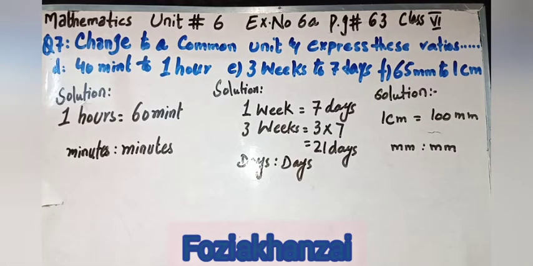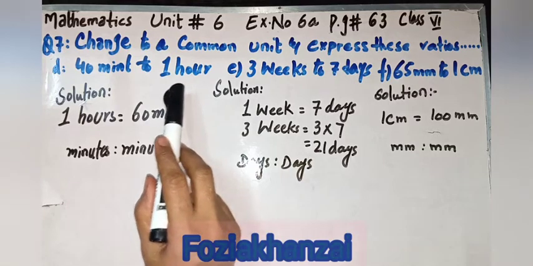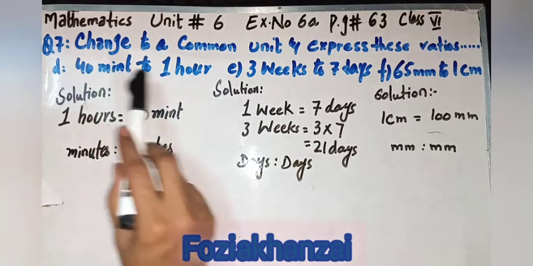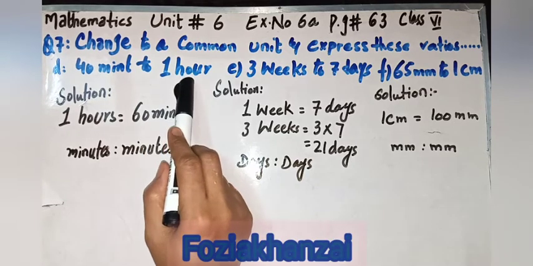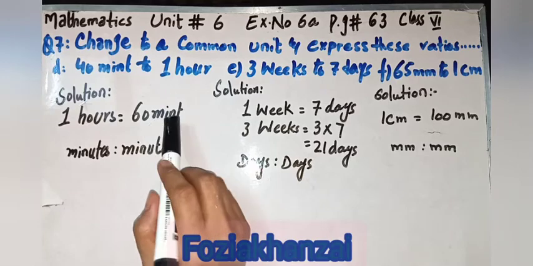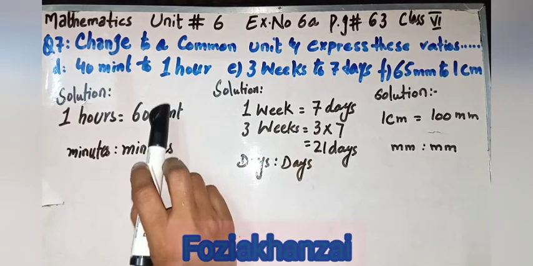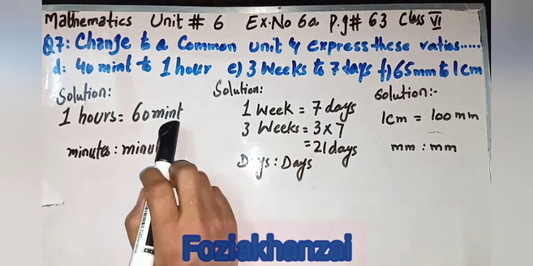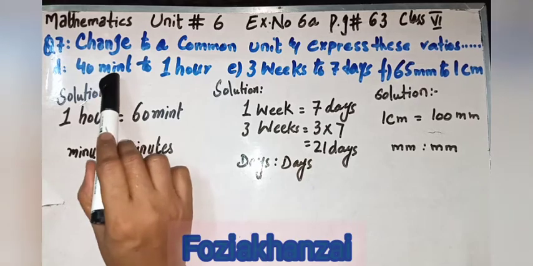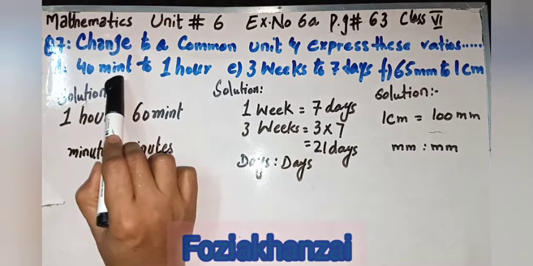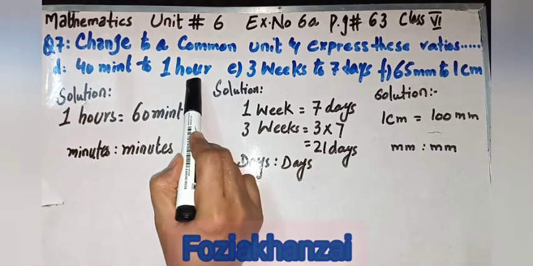Next part, D: 40 minutes to 1 hour. Okay, 40 minutes given and 1 hour given. So we know 1 hour is equal to 60 minutes and 1 minute is equal to 60 seconds. So on the second side we have minutes, 40 minutes already we have. So 1 hour we convert into minutes.